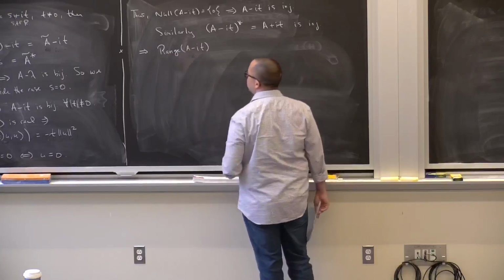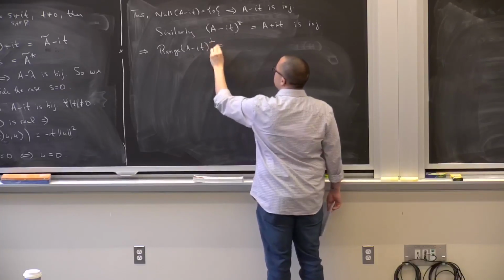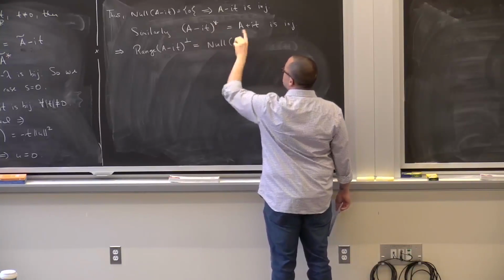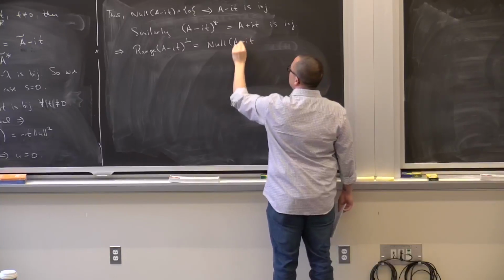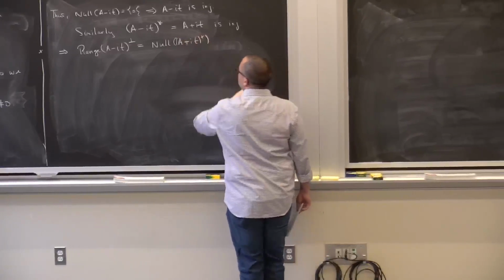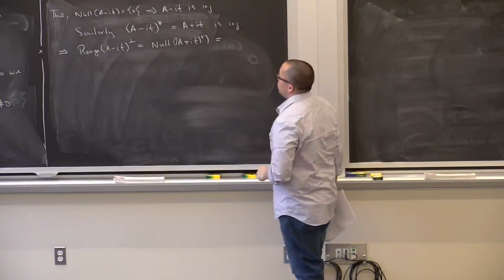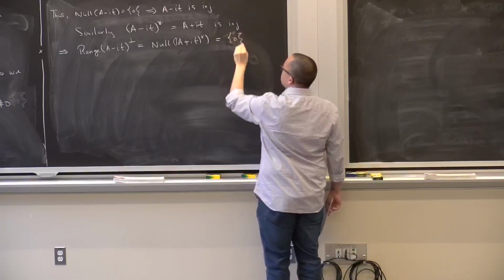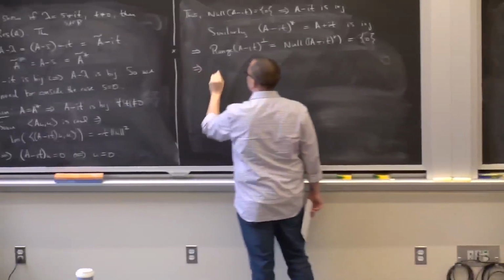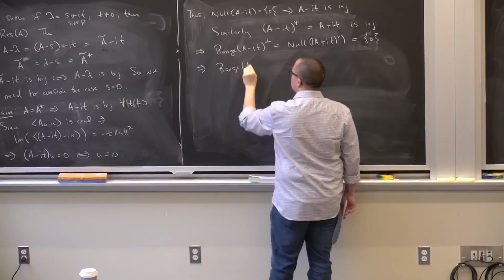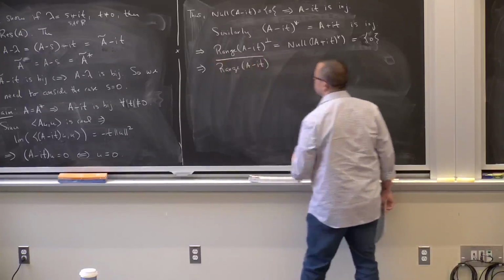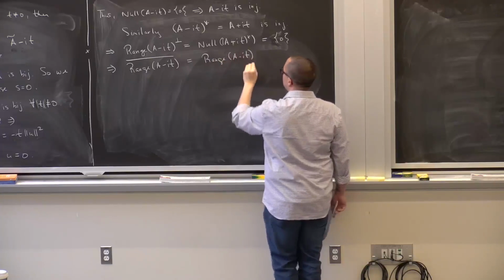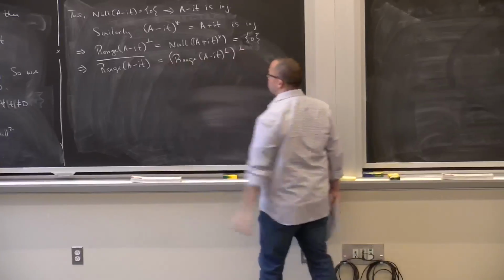So I want to show this equals H to show it's surjective. I conclude that the closure of the range of A minus IT, which is equal to the range of A minus IT, taking the orthogonal complement of the orthogonal complement.